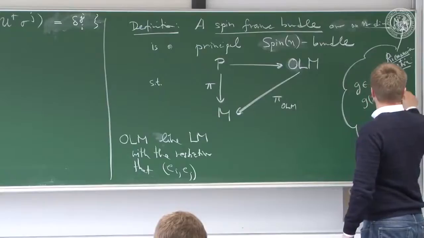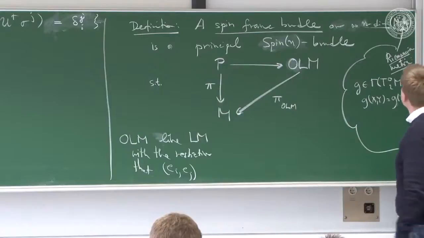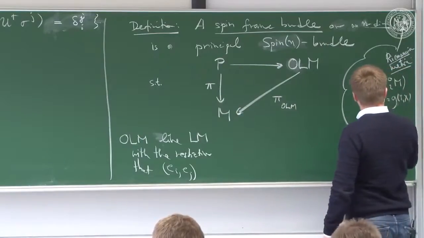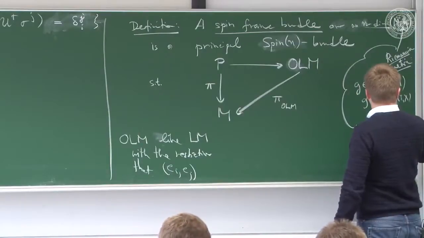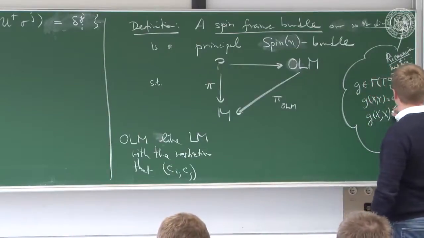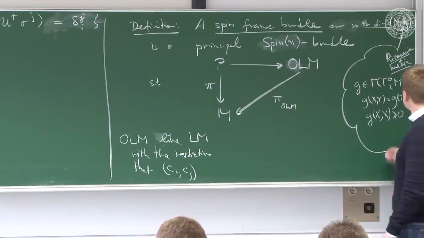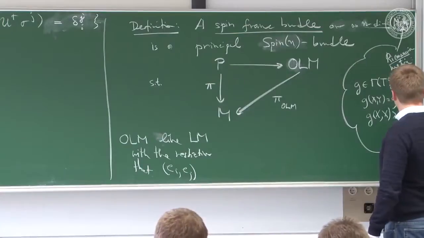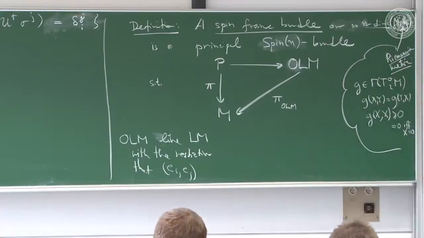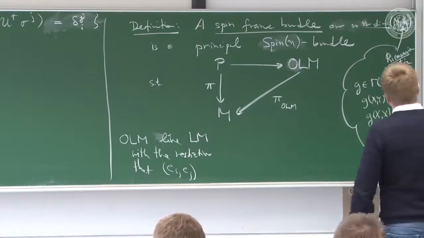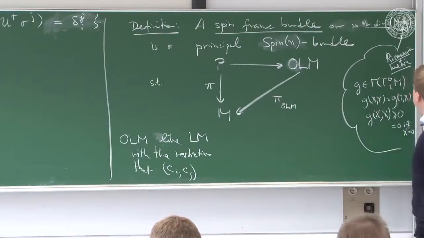Gxy is Gyx, but now x and y are tangent vector fields to the manifold, and that is positive definite. That means g of xx is greater or equal to 0 for whatever vector fields, and the equal to 0 if and only if the vector field x is already 0. That's it. Okay, so that's a Riemannian metric.